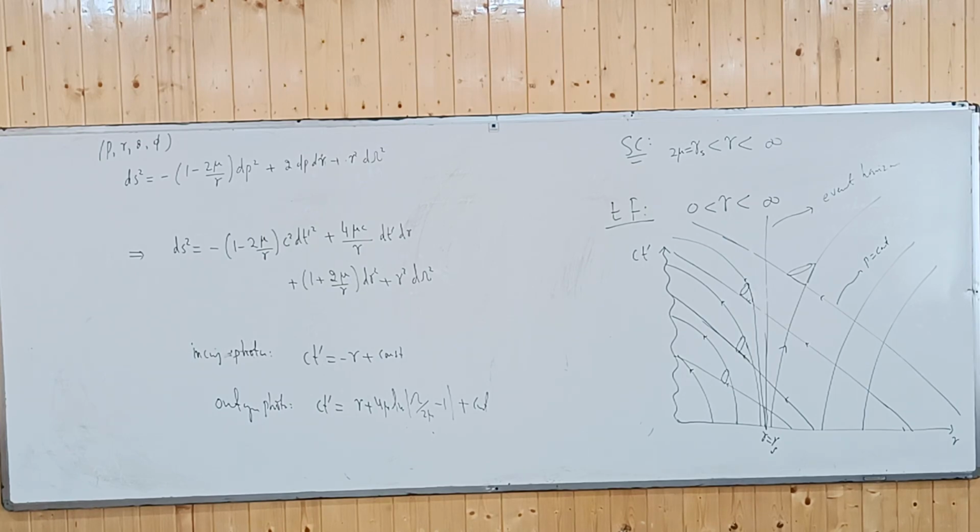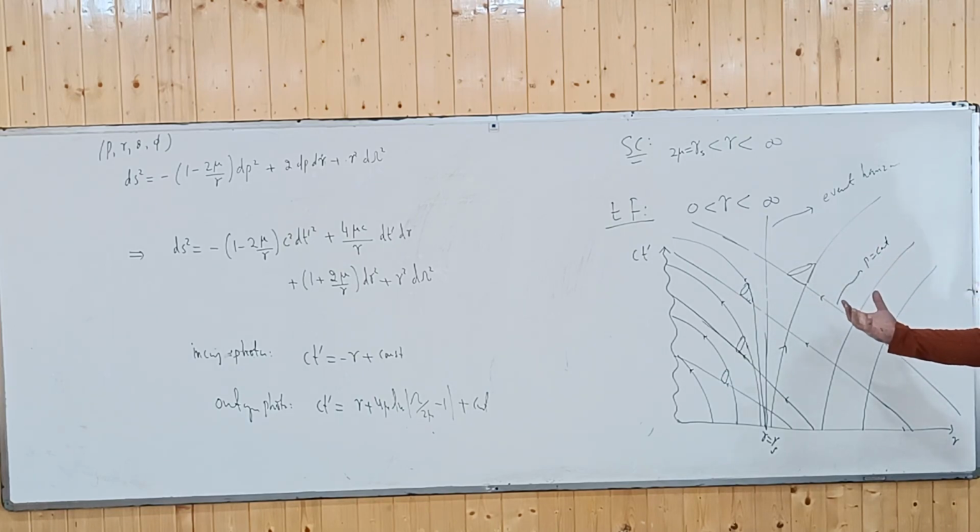You can think of a coordinate system constructed from an outgoing photon instead of the ingoing photon. Instead of constructing a coordinate system where the photon is radially moving inwards, let me construct a coordinate system with the help of the photon moving outwards, using these geodesics.